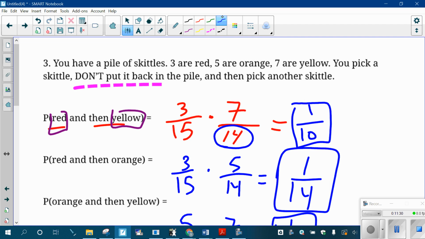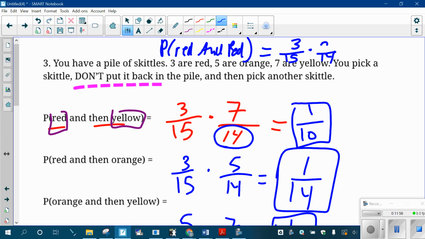Let me do one more example with this, and maybe it'll help too. Let's say you're doing this scenario, you're picking a Skittle, eating it, and then picking another one. What's the probability of red and then red? Well, picking a red one's 3 out of 15. When you go to try to pick another red one, there's only 14 Skittles left. How many red ones are left? Well, you already ate one of them.